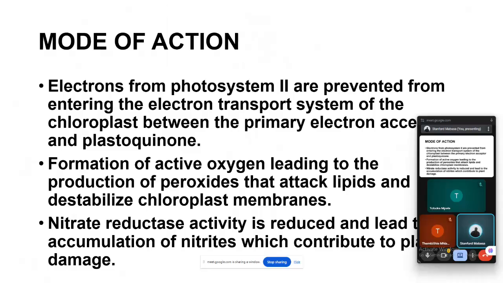The mode of action of triazines is that they affect photosynthesis. No wonder the affected plants turn brown, especially the leaves. And of course, the plant eventually dies.